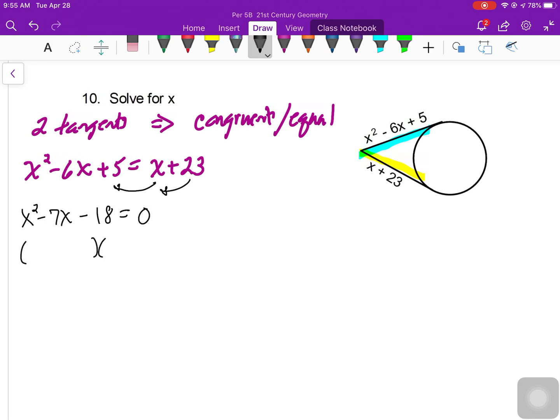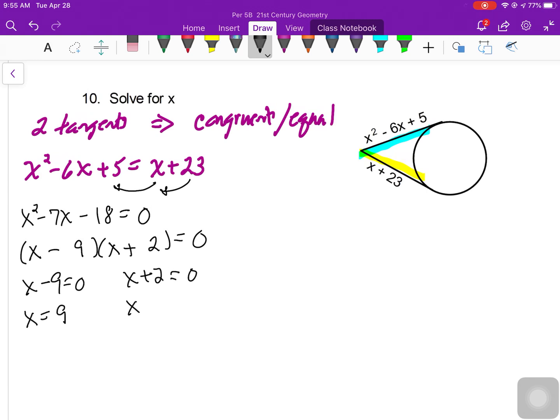Now, this one, I think we can factor. So we'll make two sets of parentheses because it's a general trinomial. X and x will give me x squared. Multiplying to give me 18 and subtracting to give me 7. 9 and 2. To get negative 7, I need a negative on the 9 and a positive on the 2. Setting each of those equal to 0, I end up with x equals 9 and x equals negative 2.